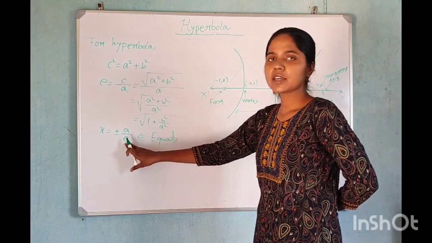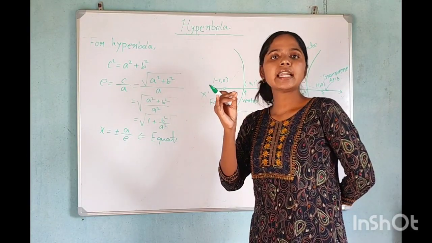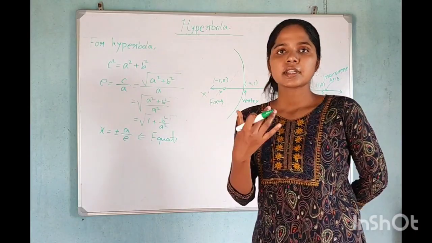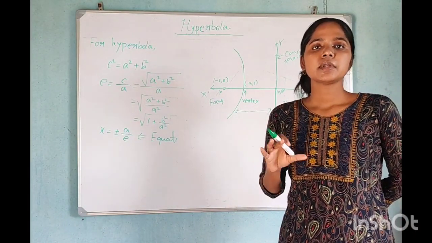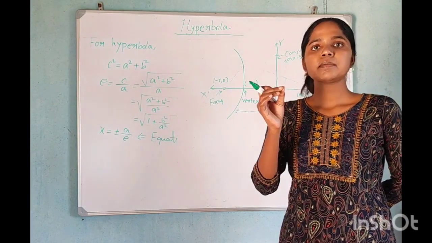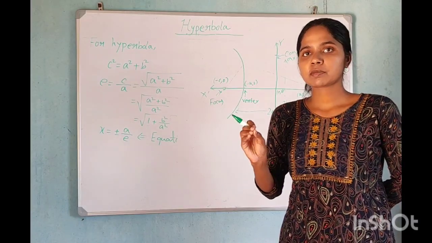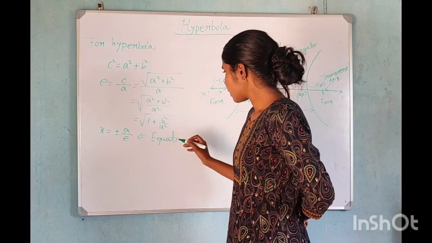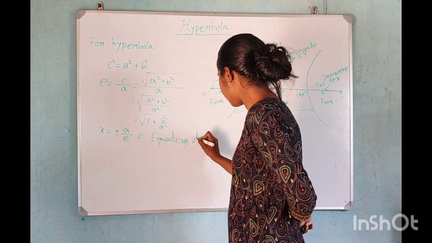The thing is that here e will change. e will be root over 1 plus b square by a square, while in the ellipse e is root over 1 minus b square by a square. Why am I comparing ellipse with hyperbola? Because their formulas are similar for both conic sections. There is much similarity except the basic definition, so the value will be a little bit changed, but the formula will be the same. So this is the equation of directrix.